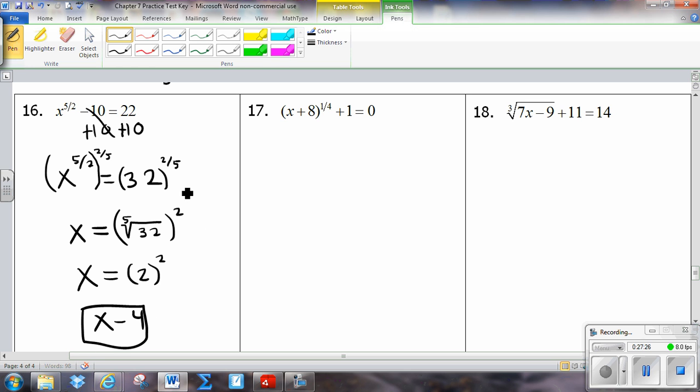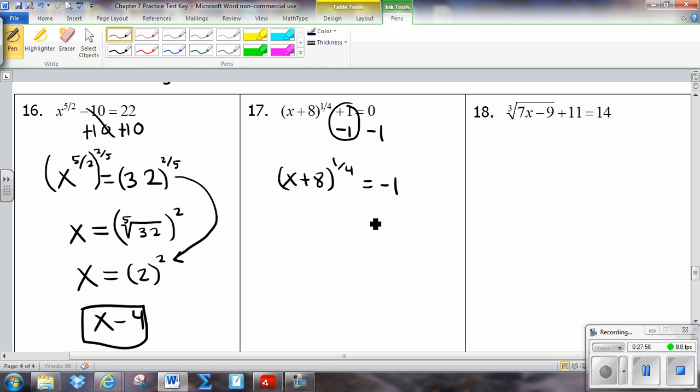Now, I'm okay if you guys do that part actually in your head. If you actually know the fifth root, this means fifth root of 32 is a 2, so you can rewrite this down to here. Okay. All right, next one, let's subtract 1 minus 1. 1's are 0 equivalent, so you get x plus 8 to the 1/4 power equals negative 1.